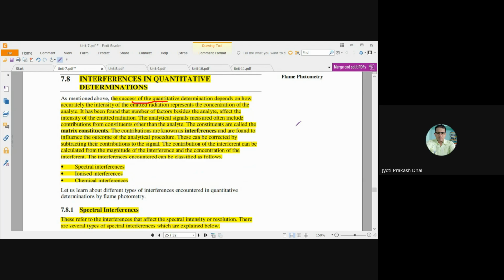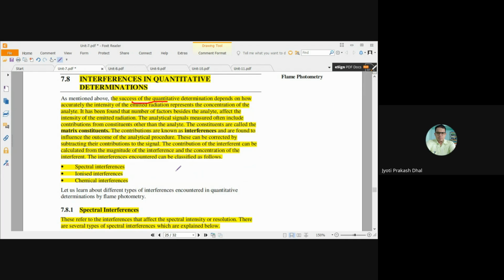So the analyte signal measured includes contributions from constituents other than the analyte. These constituents are called matrix constituents, and their contributions are known as interferences and are found to influence the outcome of the analytical procedure. This can be corrected by subtracting their contribution to the signal, and the contribution of the interference can be calculated from the magnitude of the interference and the concentration of the interfering species.